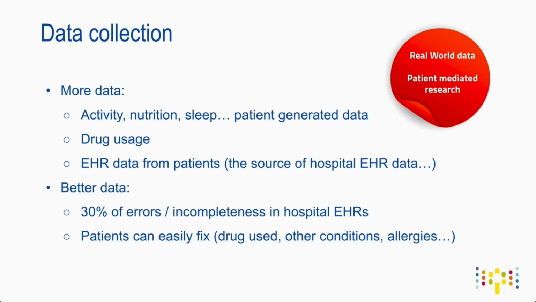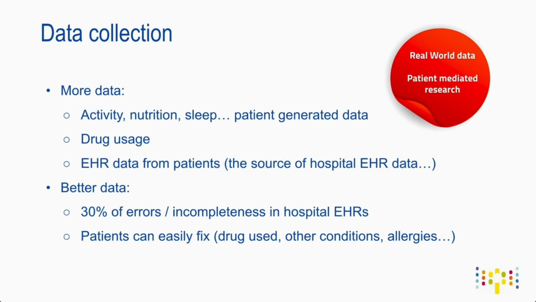We also offer better data. I don't know if you know, but 30% of electronic health records in hospitals do have some kind of errors or incompleteness, because when you leave the hospital, there is usually no follow-up, or it's difficult for the hospital to follow up. It's usually the family doctor, the pharmacist, and a number of other players that help the patients.